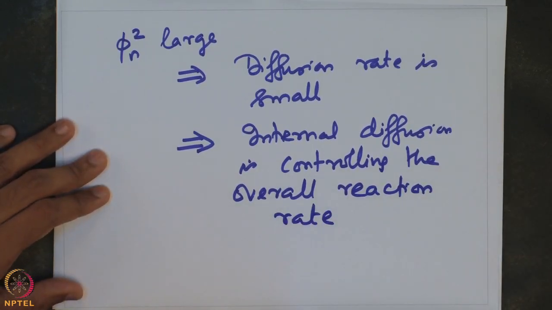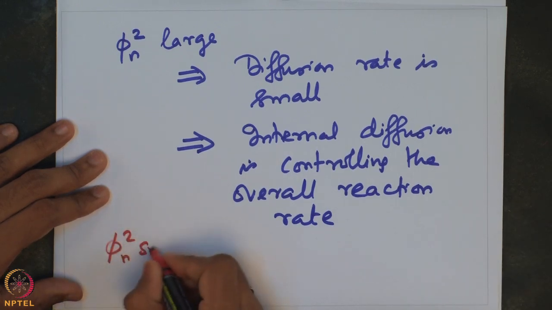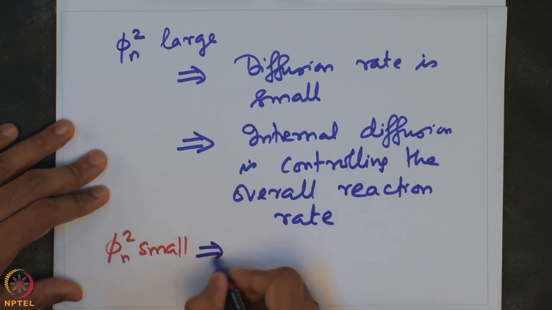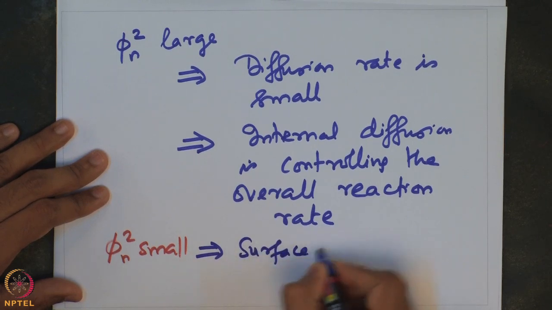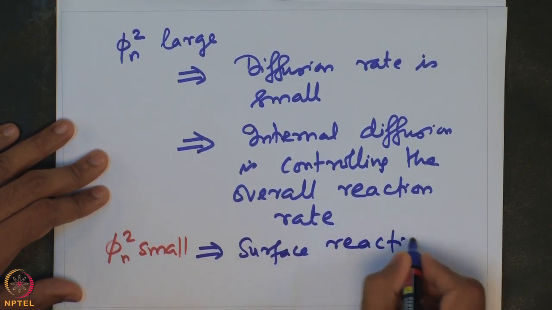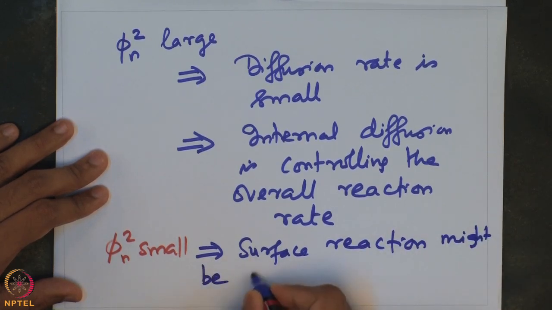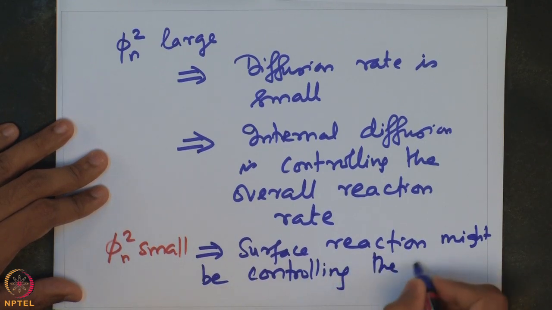Suppose phi n square is small, then it means that the surface reaction might be controlling the overall rate.